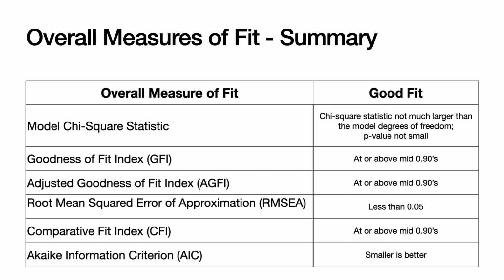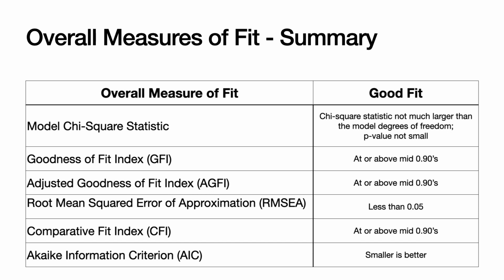When using the Comparative Fit Index, we're looking for a value at or above the mid 0.9s. And finally, if we happen to be using the AIC, the Akaike information criterion, to compare two models, then the model that has the smaller AIC is typically considered to be preferable.